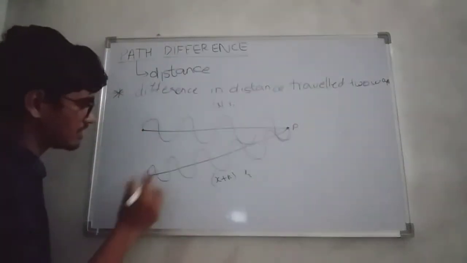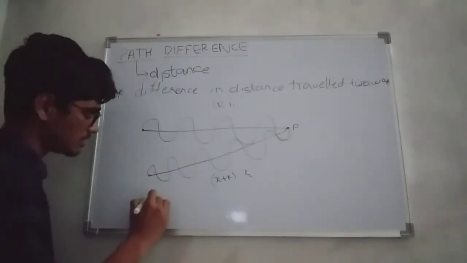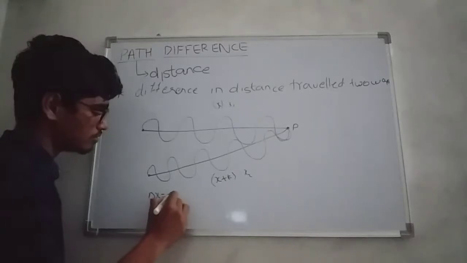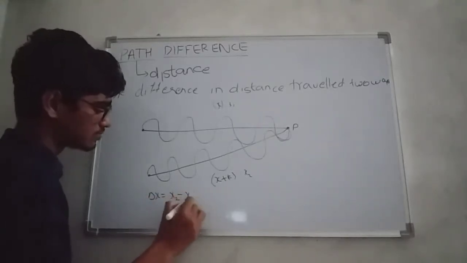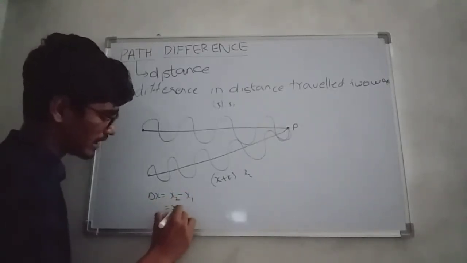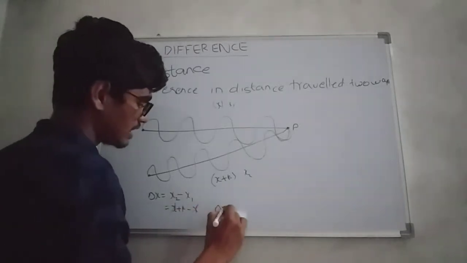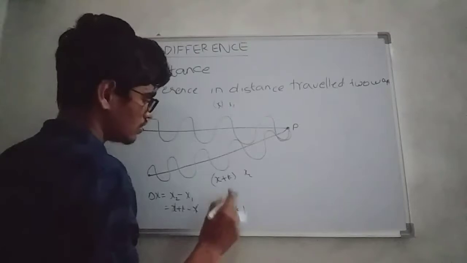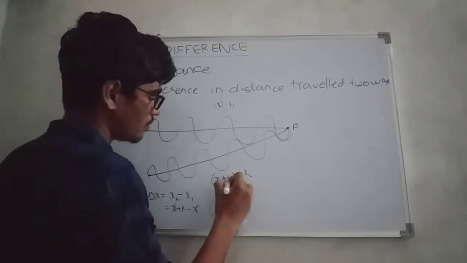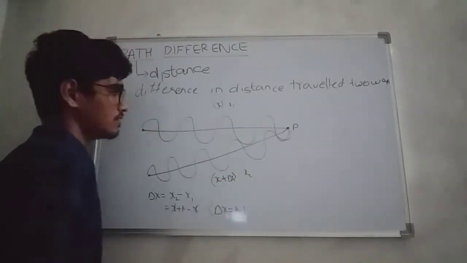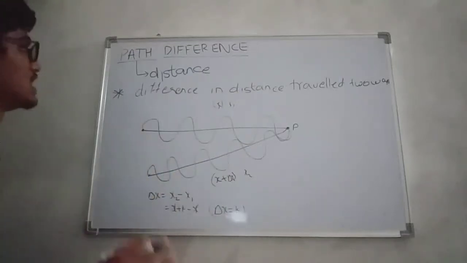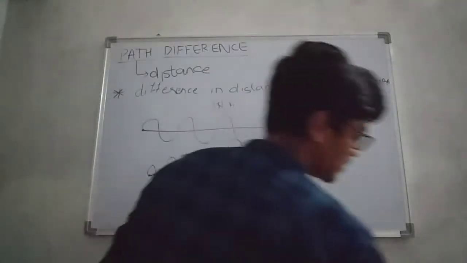So the path difference between these two waves is delta x equal to x2 minus x1, which is equal to x plus k minus x. So we get delta x equal to k. So in place of k, we can write delta x. This is the explanation regarding path difference.